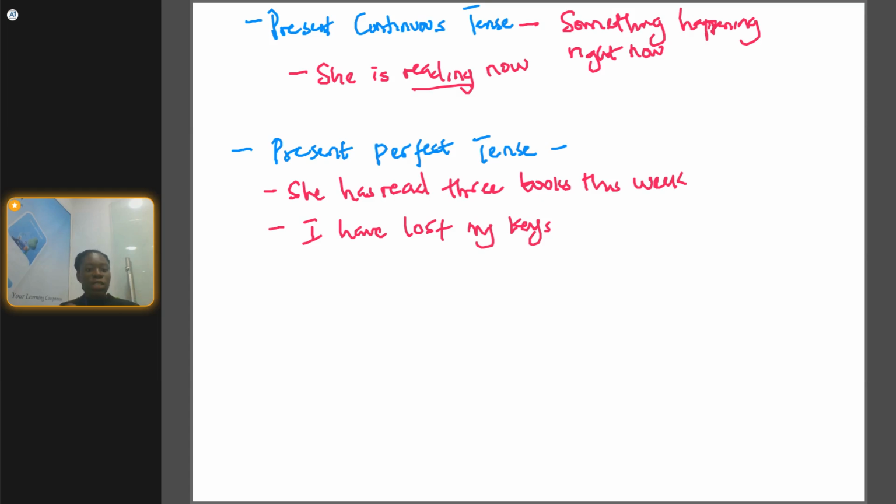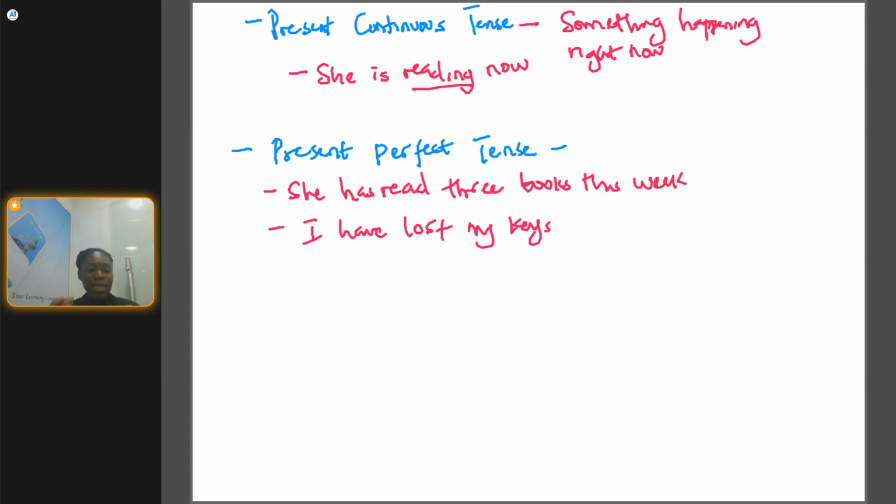It means she started reading earlier, but it's still very relevant right now. I have lost my keys. It means I lost them sometime before now, but they are still missing. I still cannot find them. So it's affecting the present. It happened before now, but it's affecting the present.